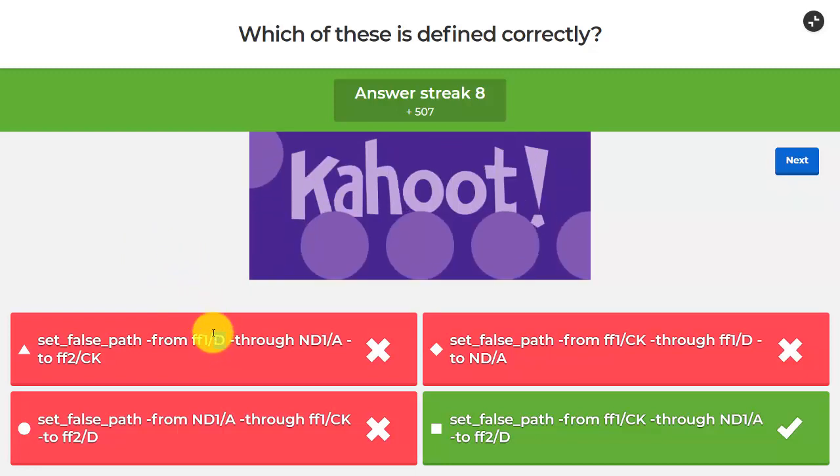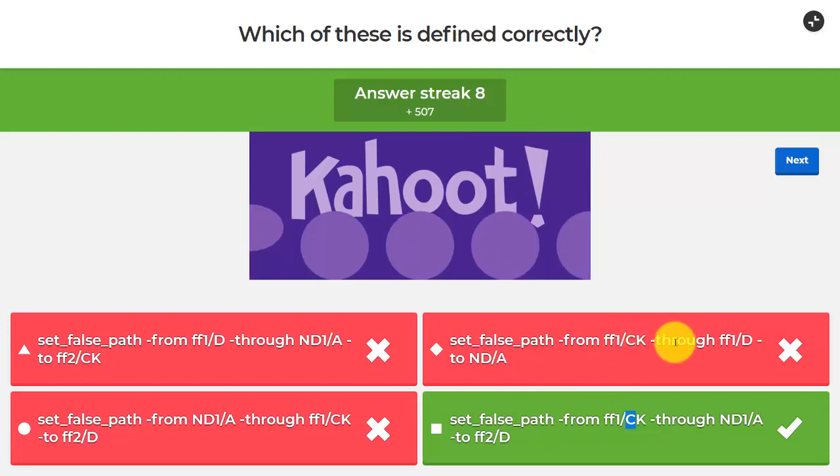So it's not from the D of the flip-flop, it's from the clock of the flip-flop. Through NAND 1A, yeah, that would be correct. And to flip-flop 2 clock, no, we don't end at the clock of flip-flop 2, we end at the D of flip-flop 2, which is exactly what it says here. Set false path minus from flip-flop 1 clock minus through NAND 1A and minus to flip-flop 2 D.